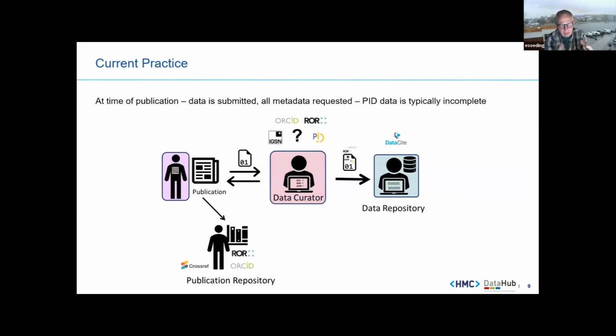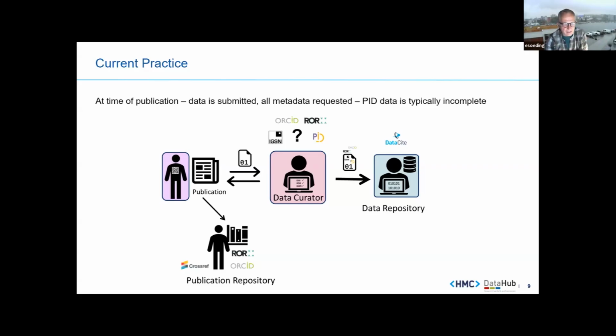Okay, so this is how the data curation process currently works. Some researcher shows up, they have a publication, they already delivered their manuscript to the publisher. Once it's published, they will have a ROR and ORCIDs that will be taken care of by the publisher. The publication will have a Crossref DOI, and the data curator sits there and tries to wrap his head around how he can describe the data, probably to move it on into the data repository.